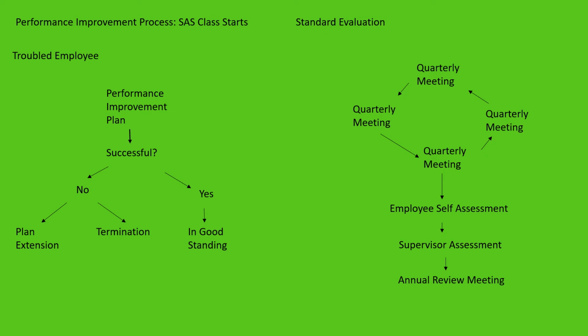They are meetings that occur quarterly, which are a smaller version of the formal appraisal process, through which the supervisor, currently Jeff, meets privately with each individual to discuss strengths, weaknesses, opportunities for improvement, define goals, things like that. These quarterly meetings together build up into the self-assessment, supervisor assessment, and annual review.